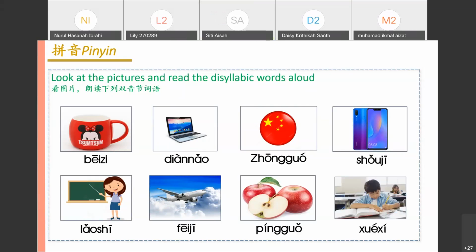Then the last one, study, 学习. You need more practice for the third tone. Okay, listen to the syllable. 学习, 学习.